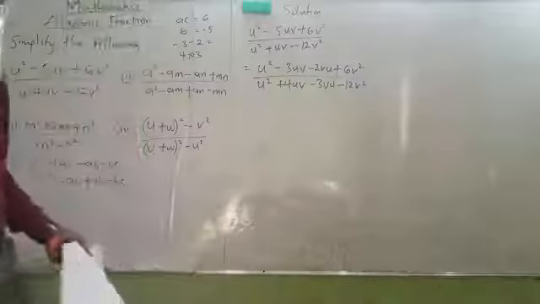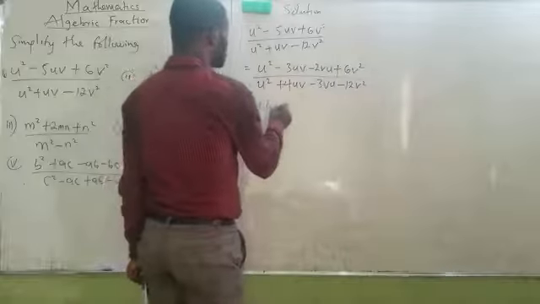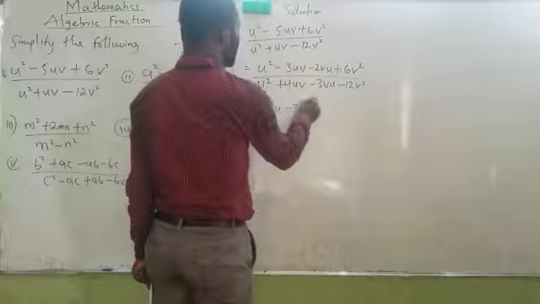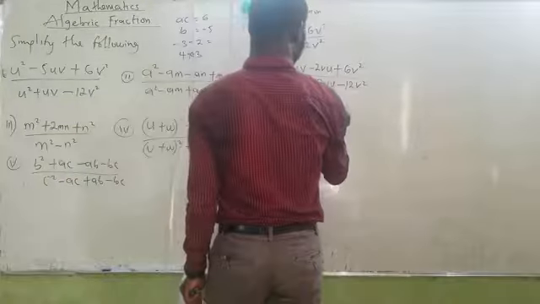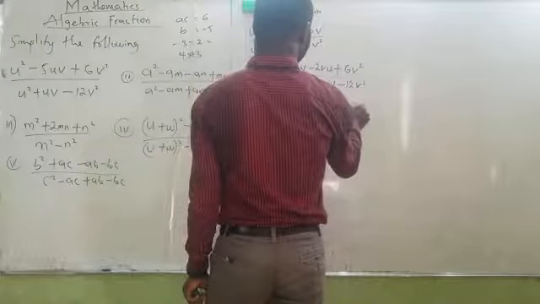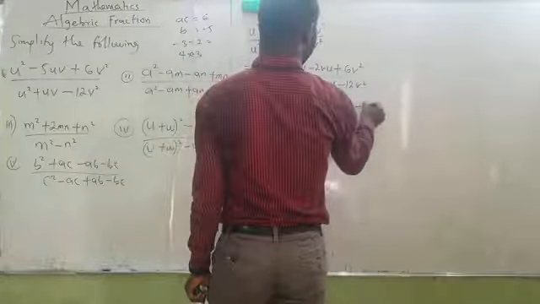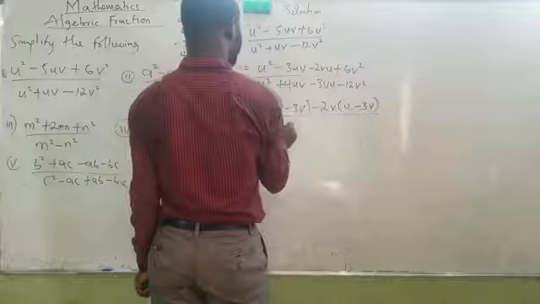Now, once I have this, I can continue by having u bracket of u minus 3v minus 2v bracket of u minus 3v.